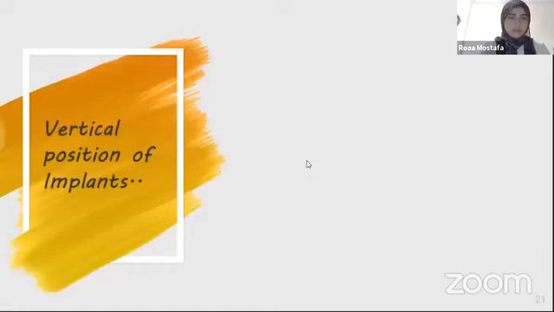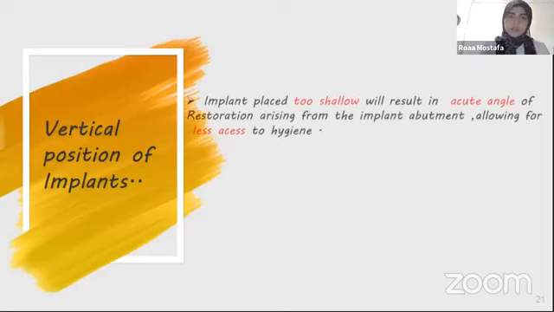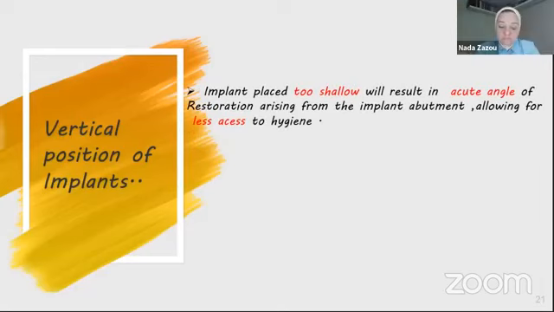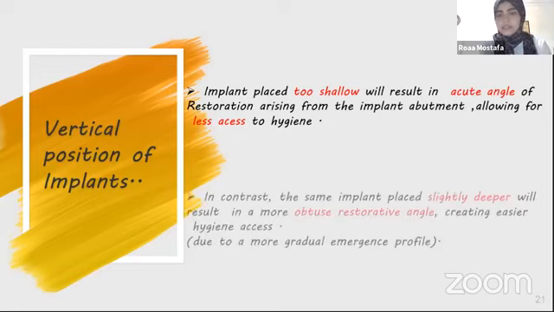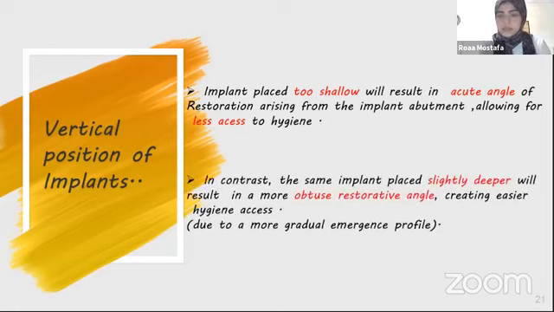So, talking about the vertical position of the implant. They said that if I place the implant too shallow, there will be an acute restorative angle, and if I place it deeper, there will be an obtuse restorative angle. An acute restorative angle allows less access for hygiene, and an obtuse angle allows more access for hygiene.